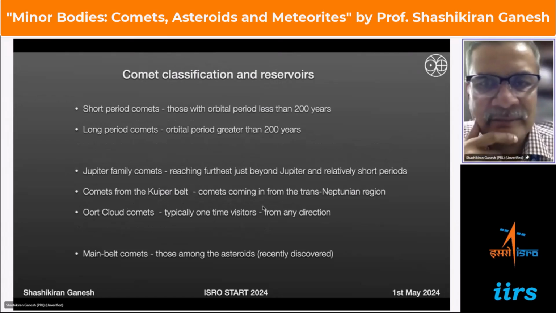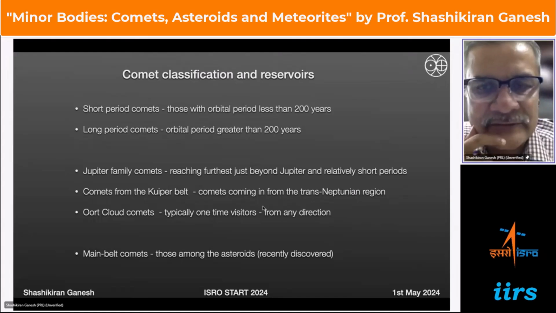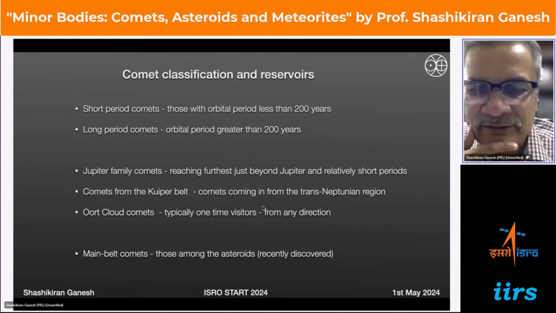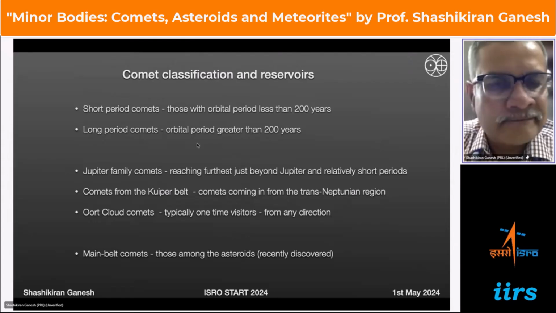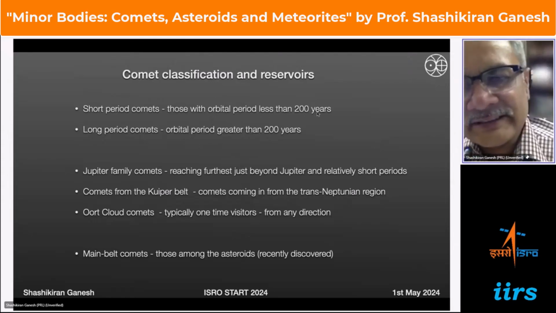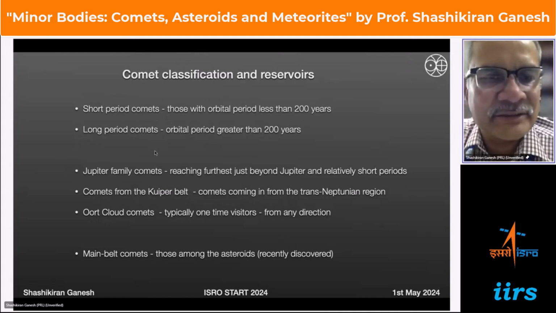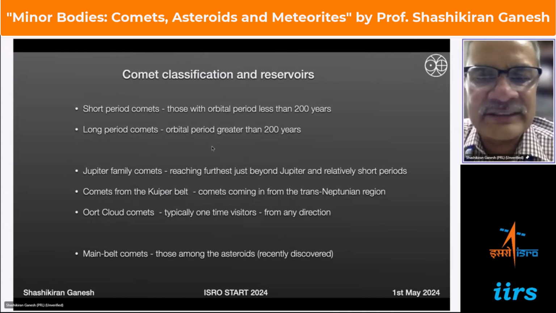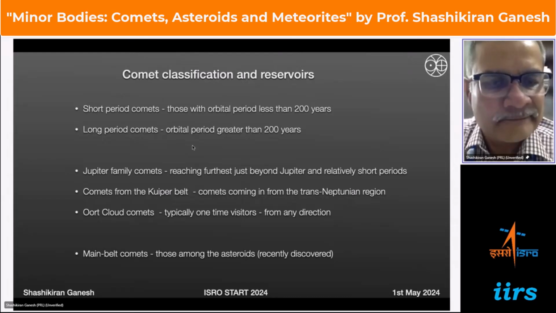We can classify comets in terms of their period as well as the reservoir from which they are coming. Comets with orbital periods less than 200 years are called short period comets, and those with periods longer than 200 years are long period, obviously.